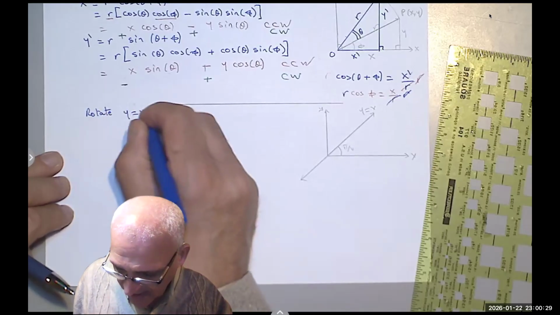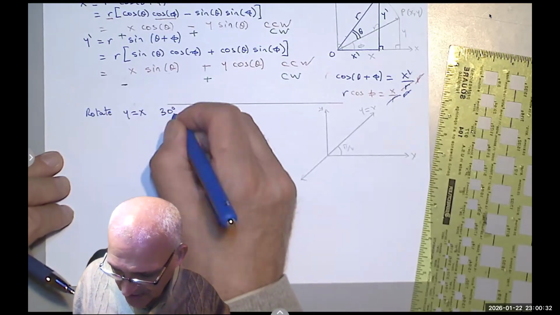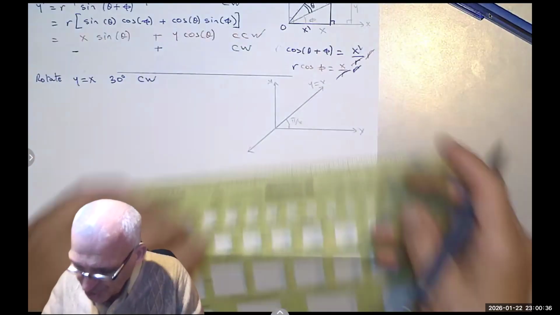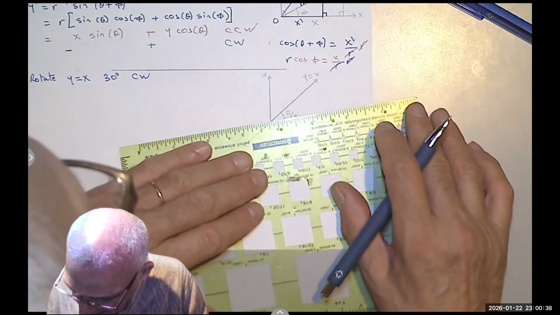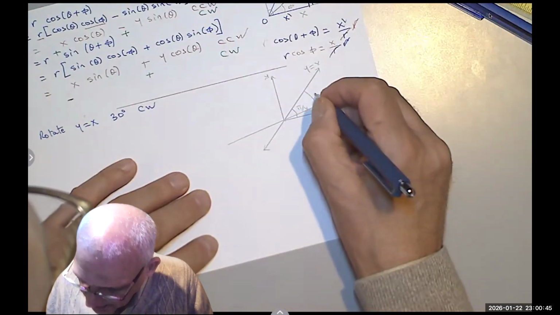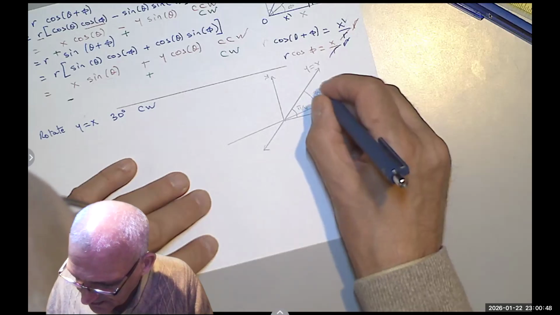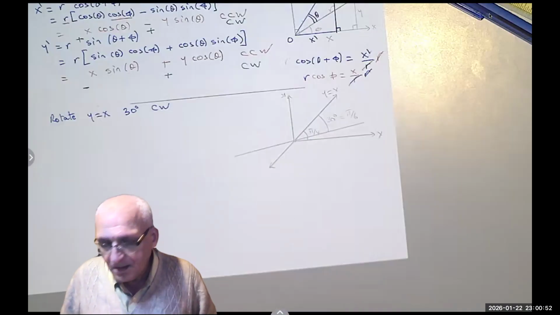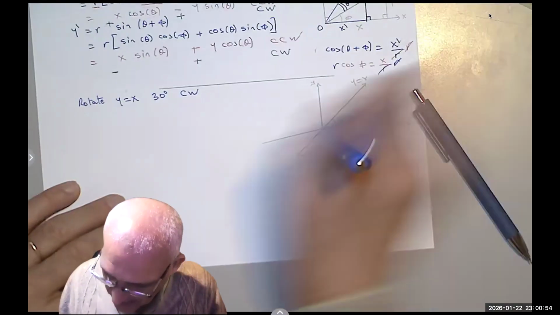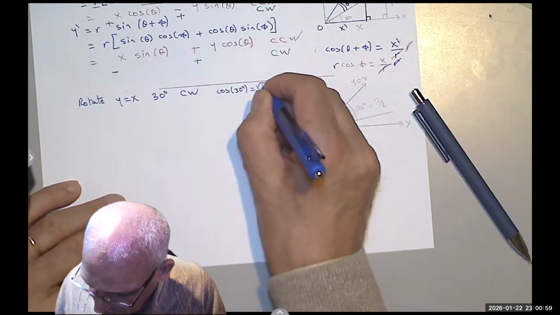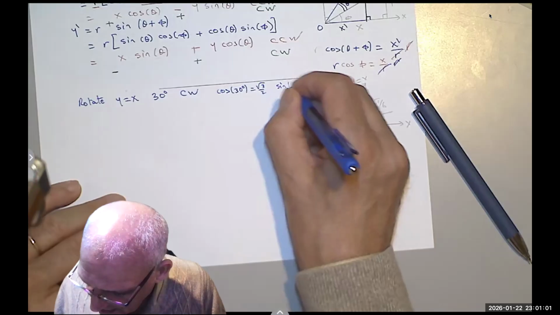So let's say rotate y equals x 30 degrees, and let's make it clockwise, meaning I want you to show me the equation of the line coming here, saying this angle is pi over 6 or 30 degrees. Okay, I know that cos 30 is root 3 over 2, and sine 30 is 1/2.